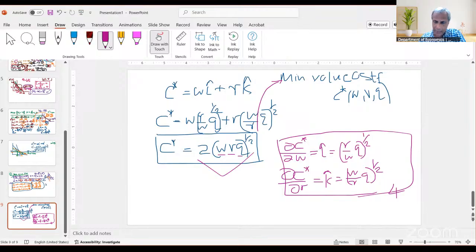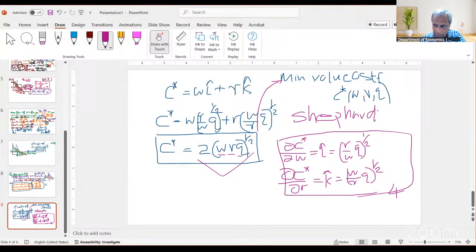This exercise, what he did here, is called Shephard's lemma. Shephard's lemma comes from mathematics.